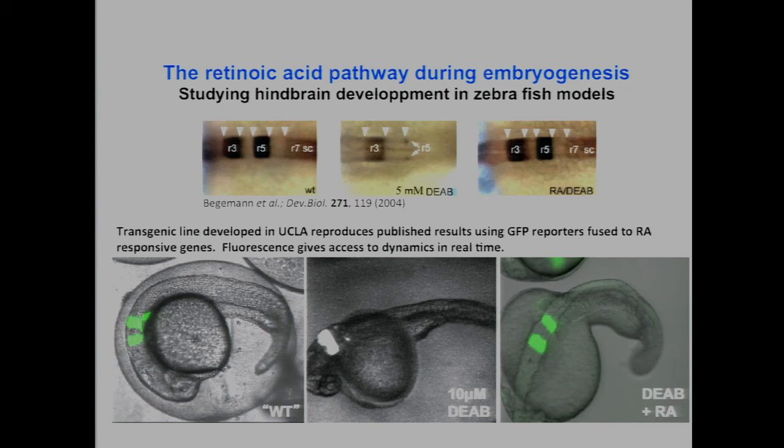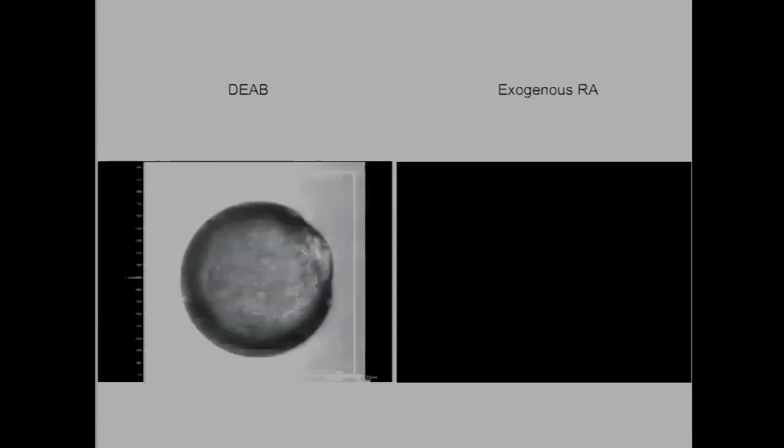We got a transgenic animal from our collaborator Shui Ling at UCLA, who did the same, except that now we have a green fluorescent protein in those two rhombomeres. Again, inhibiting the synthesis of retinoic acid, we don't get normal development. If we add retinoic acid from the outside, we can recover the phenotype.